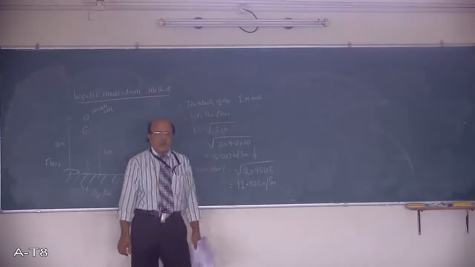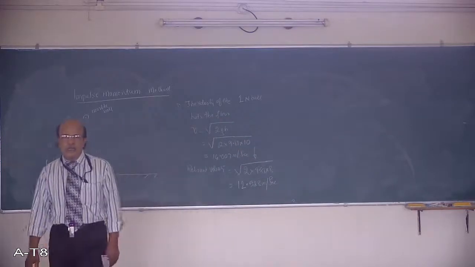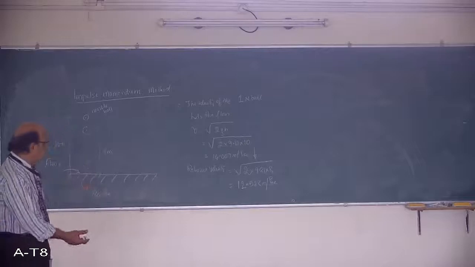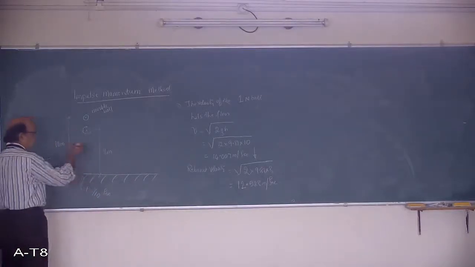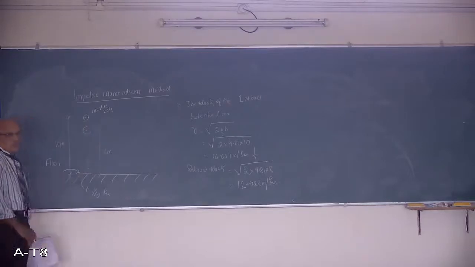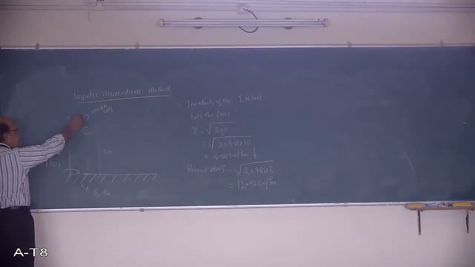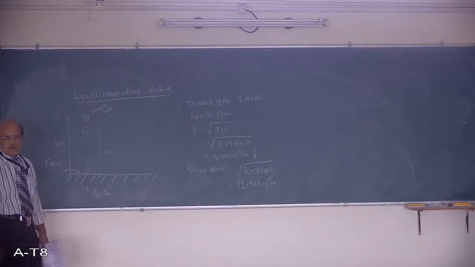It works out to 12.528 meters per second. This is the point where it rebounds and becomes zero at the top. When the ball first falls down, the velocity is zero at the start, and then it hits the floor.